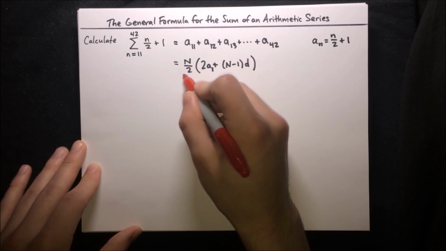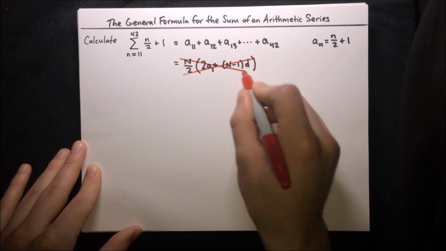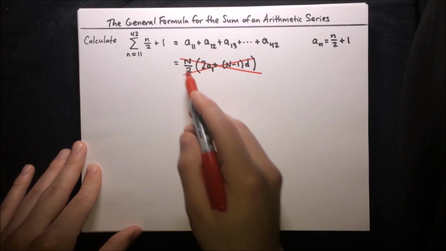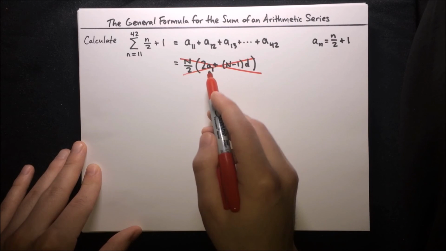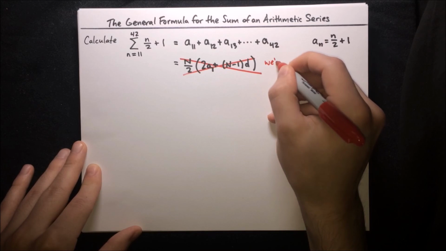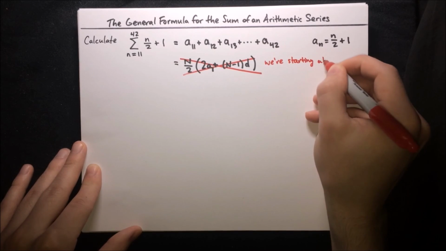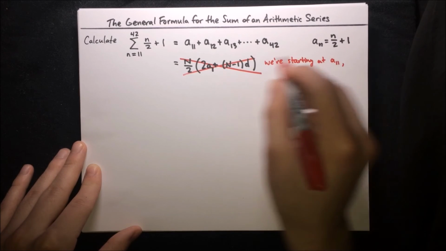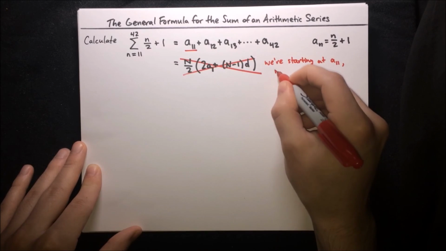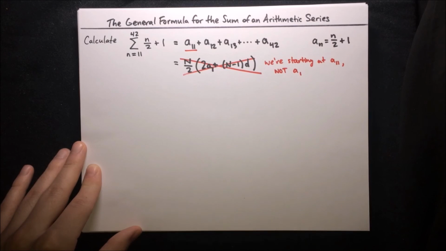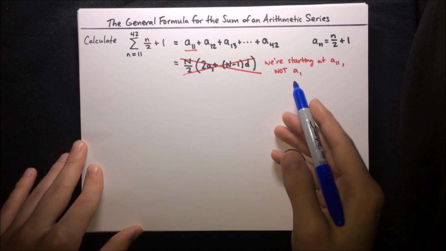But this would not be correct because we're not starting at a1 here. This sum formula assumes we're starting at a1, but we're starting at a11 right here, not a1.